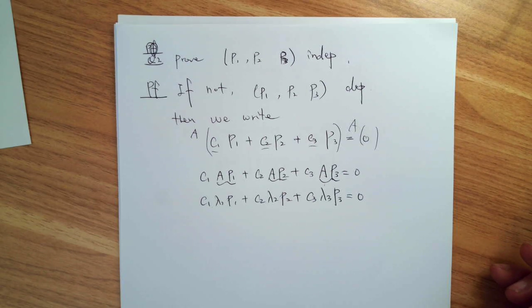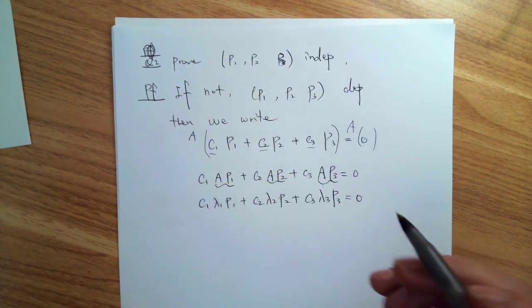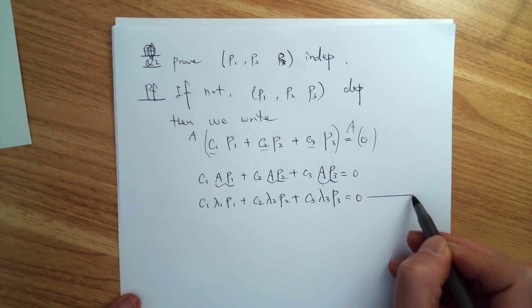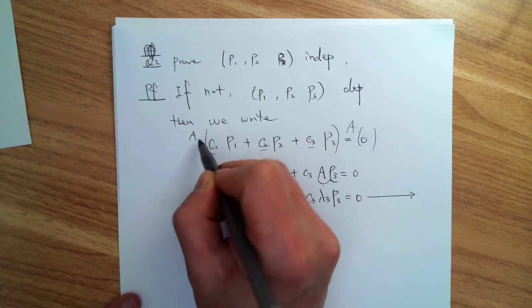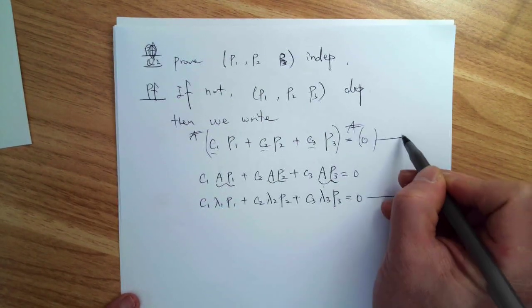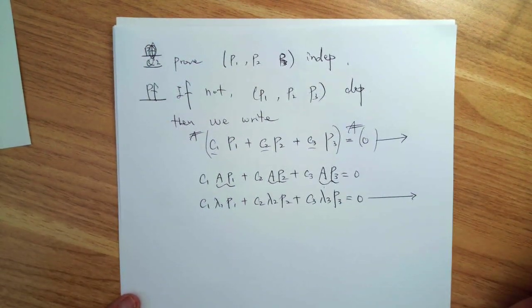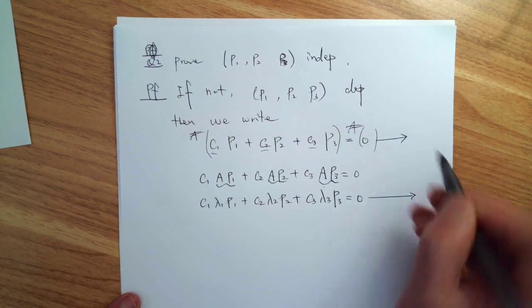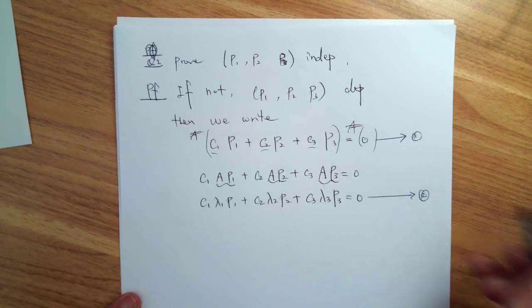So we try to make a contradiction. We have this equation and we have this equation. We try to make some contradiction between these two. Let me say this is equation 1, this is equation 2.